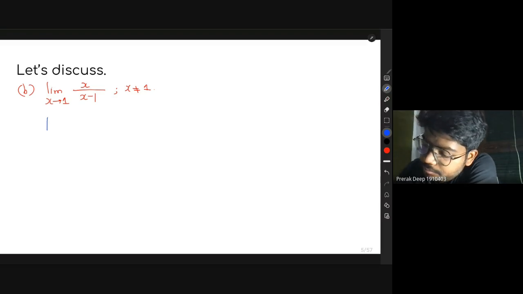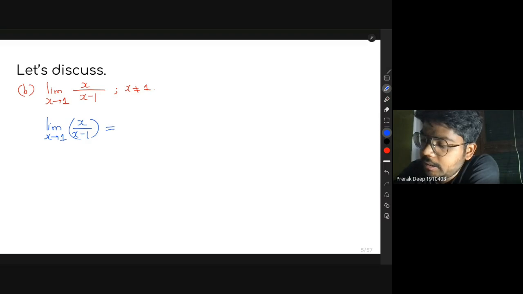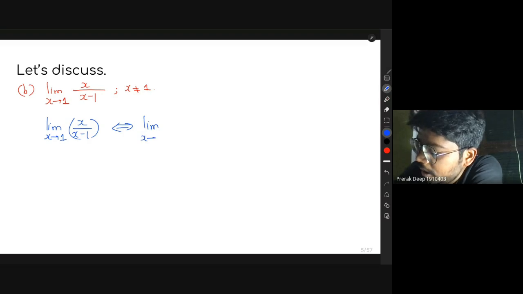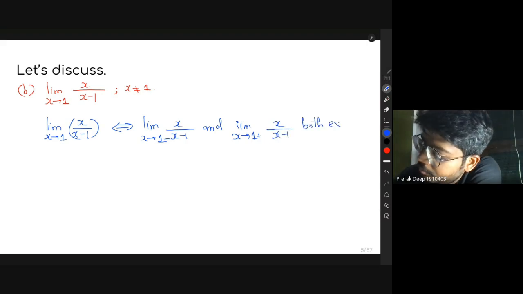If the limit of this function as x tends to 1 exists, then the limits as x tends to 1 minus and x tends to 1 plus, both of them must exist.